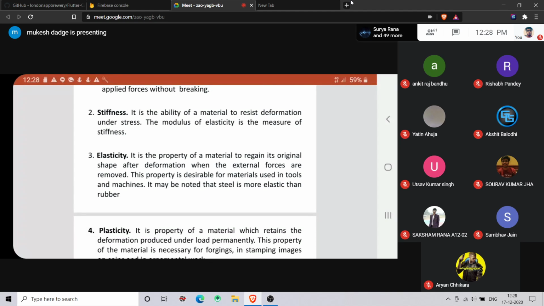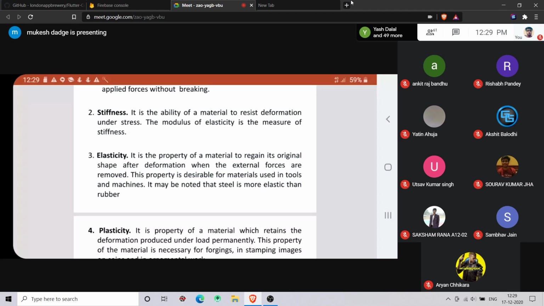Even in material testing, if you apply external load, only then internal stresses get developed. If you take a rod or a plate and bend it, you are applying external load, so that it creates some stresses inside the material.